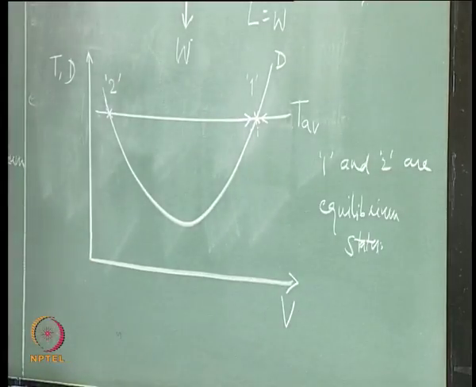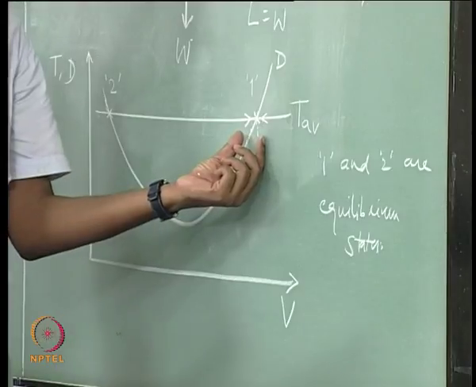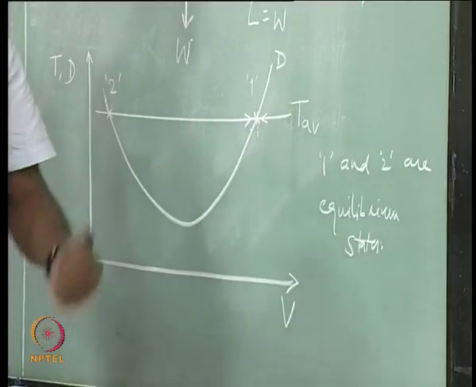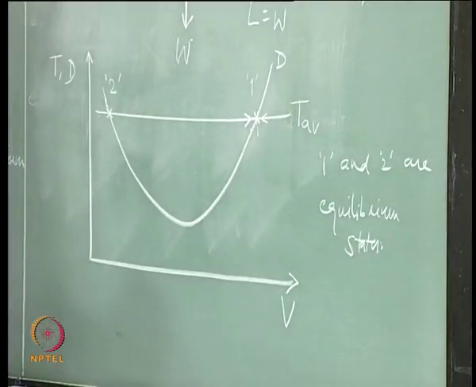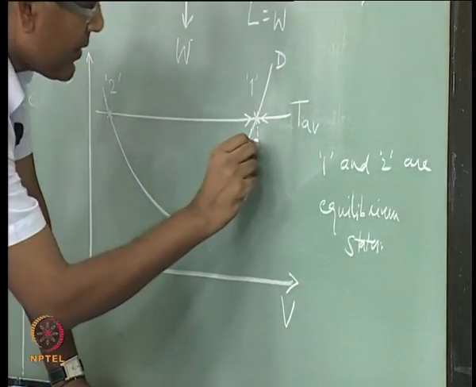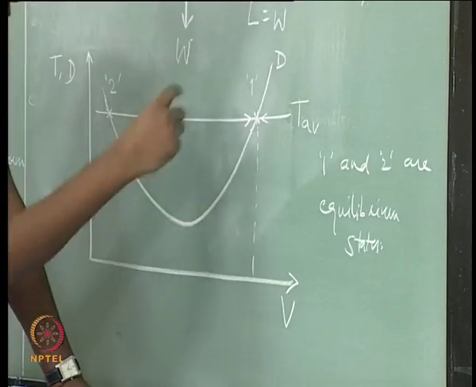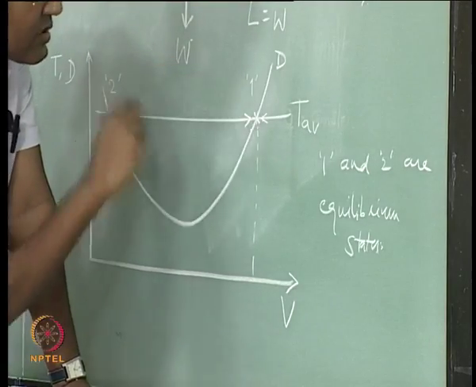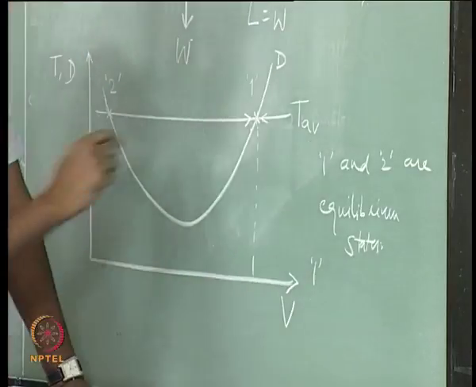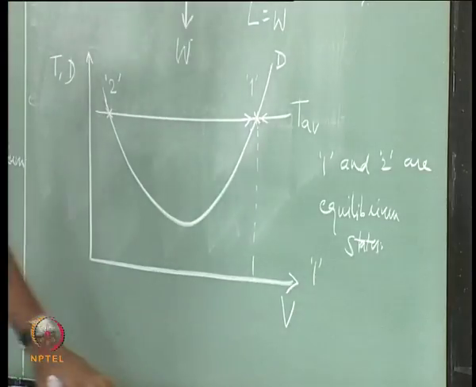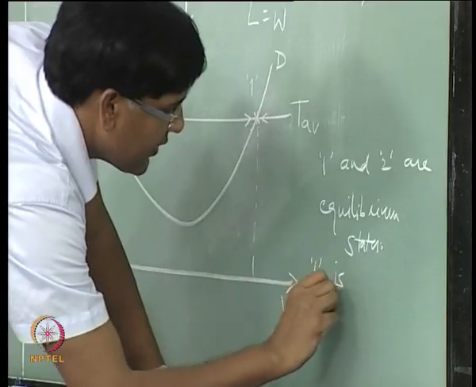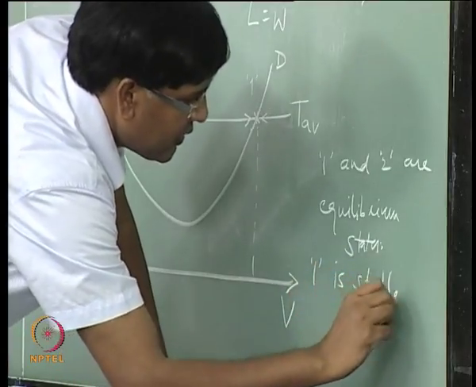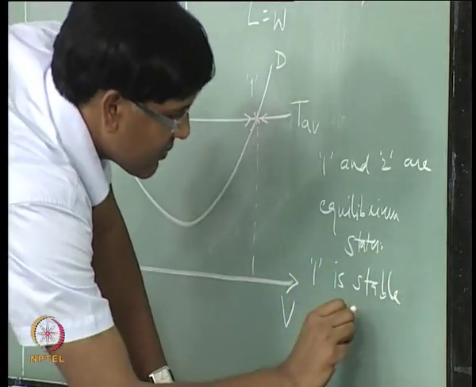So, change in speed is resulting in aircraft trying to reduce that change in speed, and then we say that this equilibrium condition 1 with respect to the change in speed is stable, that is statically stable.